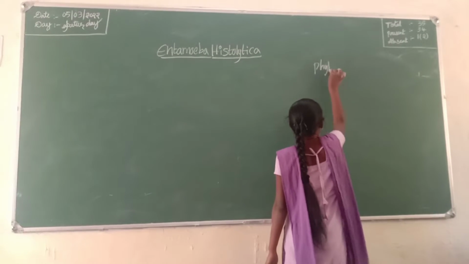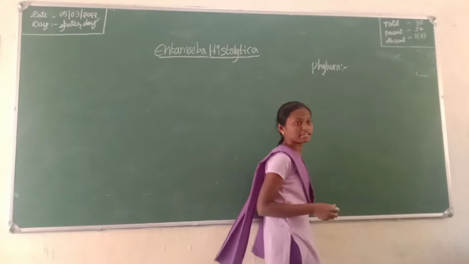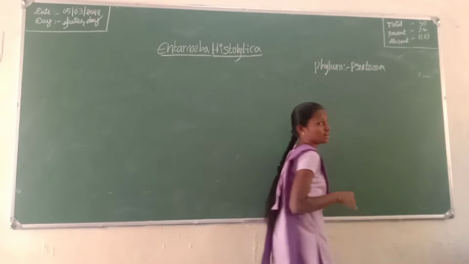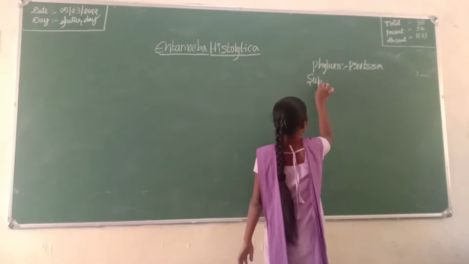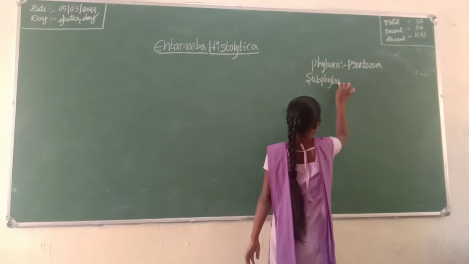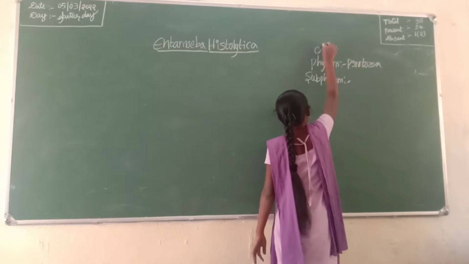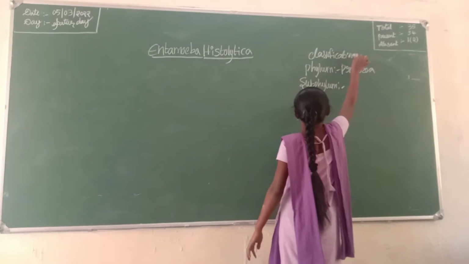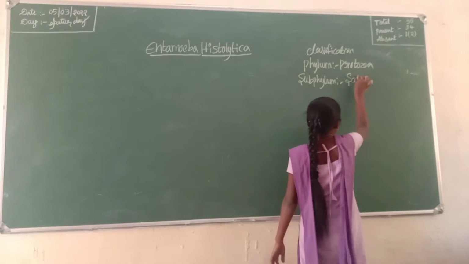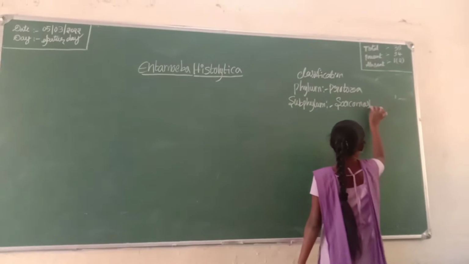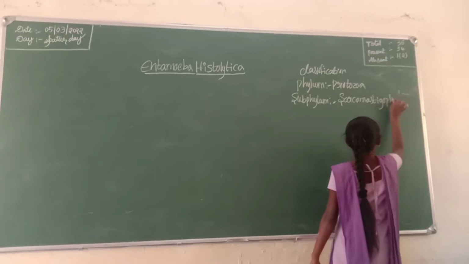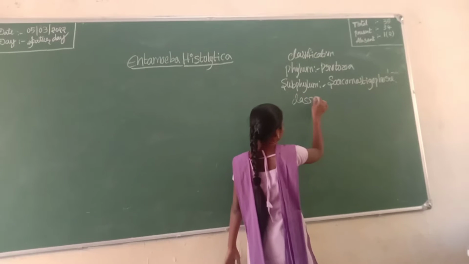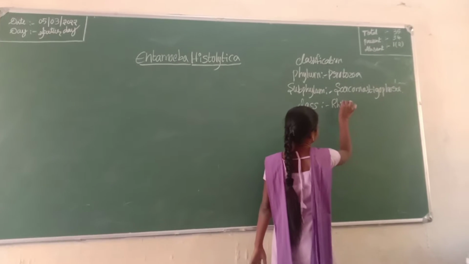First of all, the phylum of Entamoeba histolytica is Protozoa. Second, the subphylum is Sarcomastigophora. Next, the class is Rhizopodia.